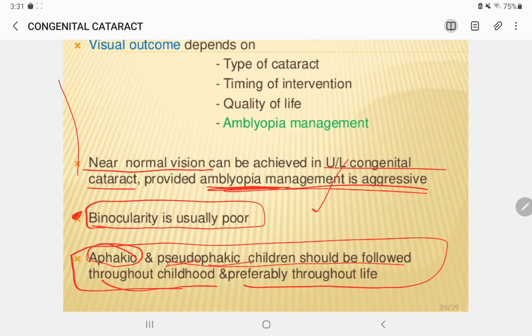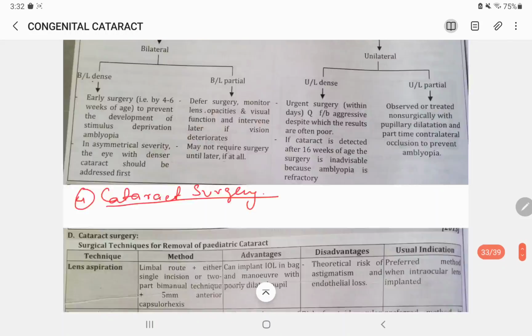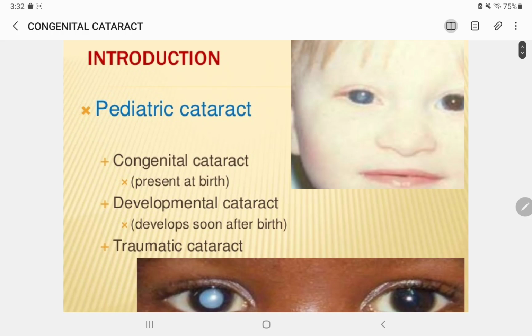Even if you remember 20% of the things that I said, then you can study on your own, and you will improve with time, and during your ophthalmology posting, you will learn all the topics.